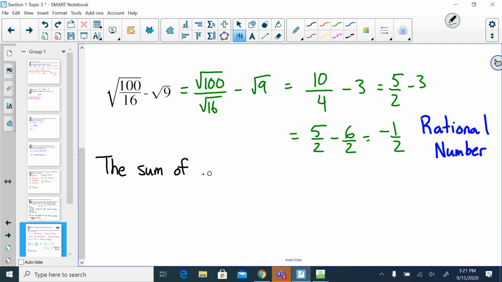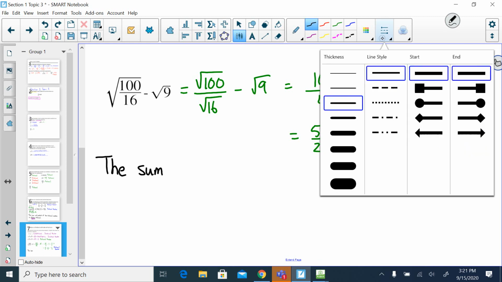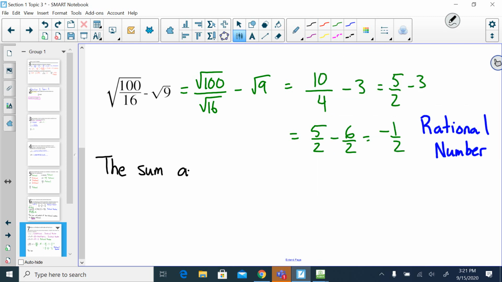The sum and the product, because we didn't have an example of that one, but I just want you guys to see that. Oh man, let me start this over.